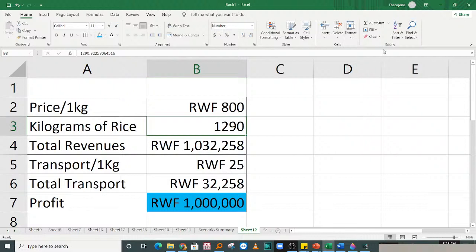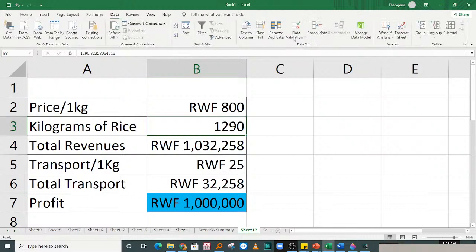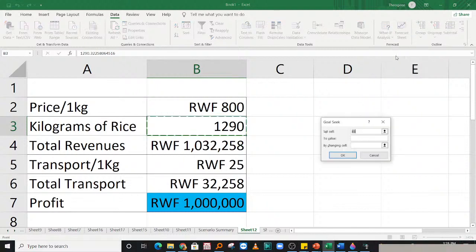So I want, for example, to obtain, let me go to data, then what if function, goal-seek, okay? The set value is this profit. I want to set it to, for example, 5 million, okay?